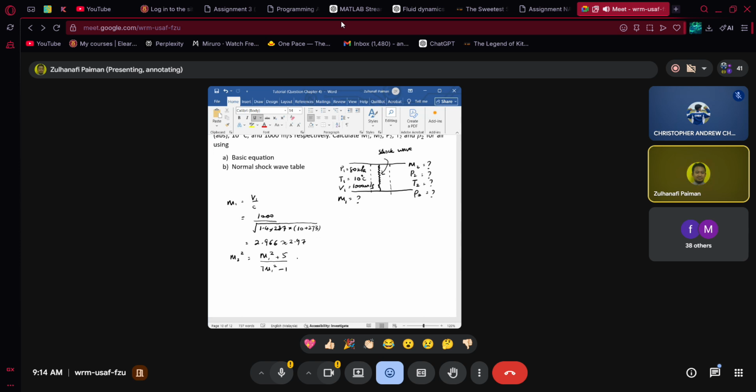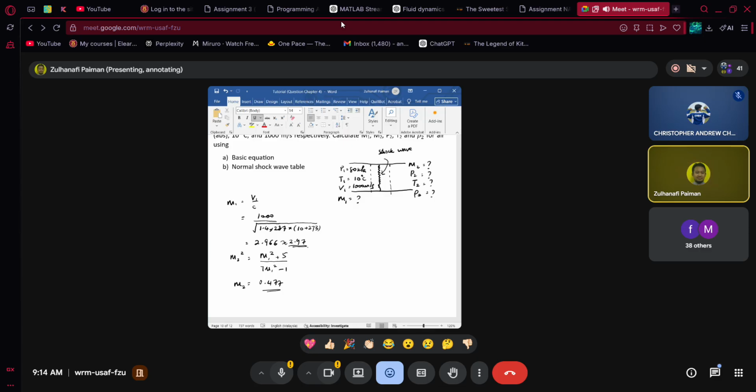For this case, you will get M2 around 0.477. So if you look here, M1 is supersonic, greater than 1, and M2 is subsonic, 0.477, less than 1. So it proved that the shock wave exists.